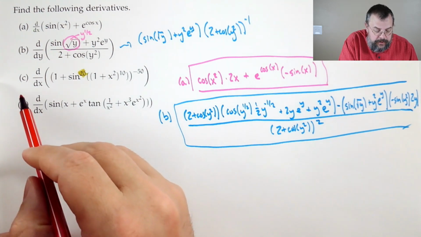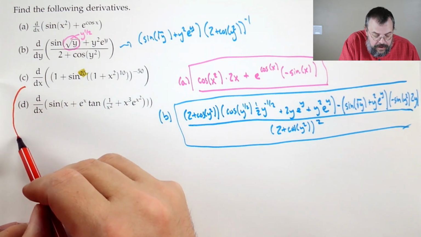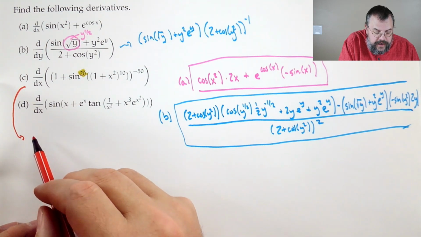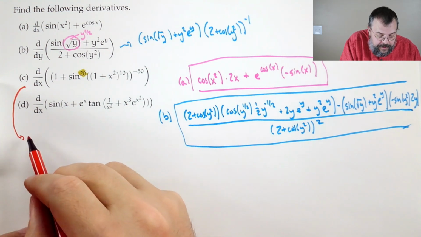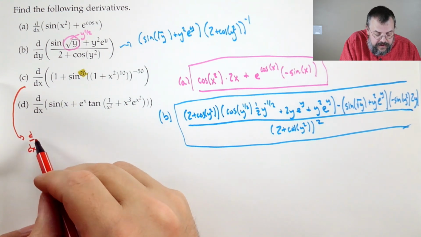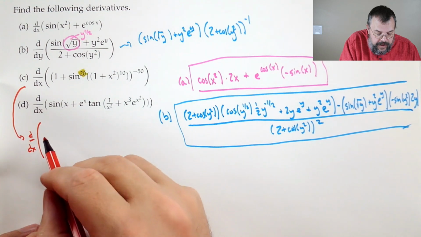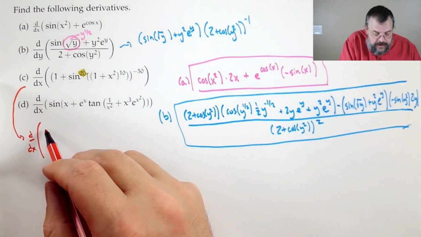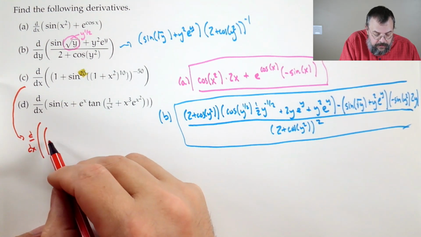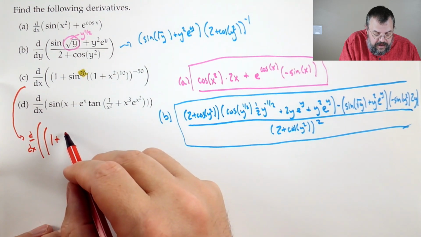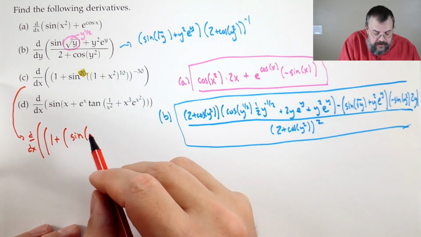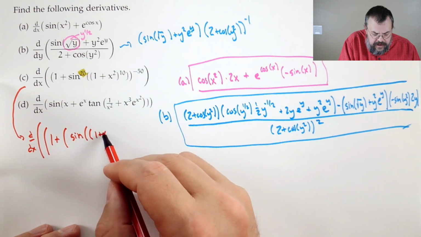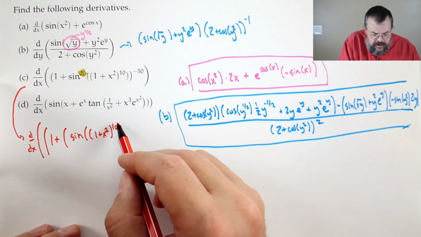So for part C, if it was any function that wasn't a trig function, we'd write it in the following way. We would say, okay, we're looking for the derivative of, and then we're going to have this first layer, 1 plus sine of 1 plus x squared to the 10th.